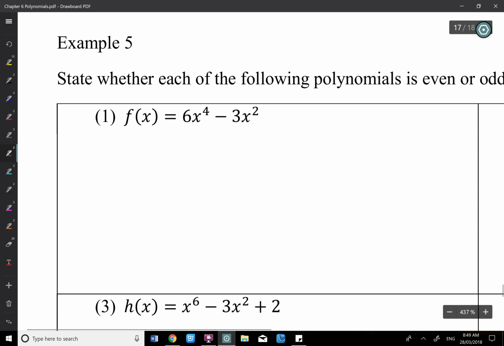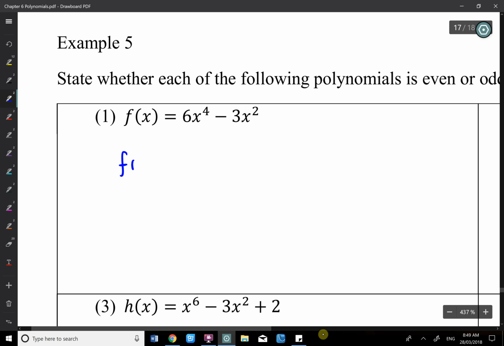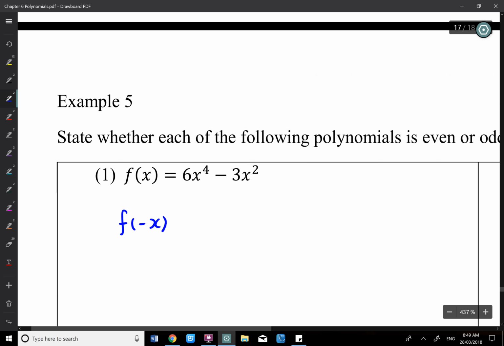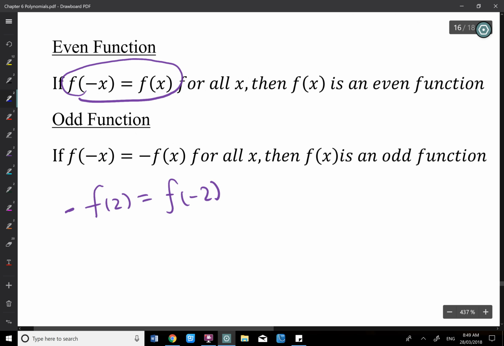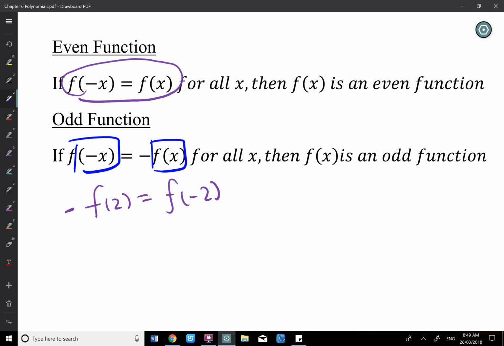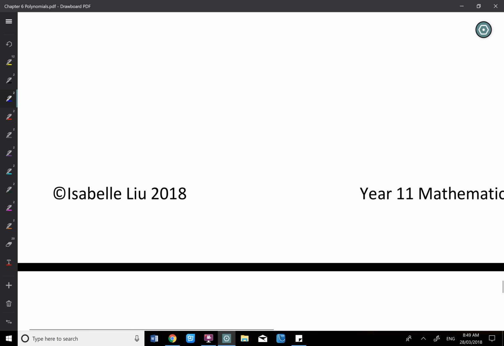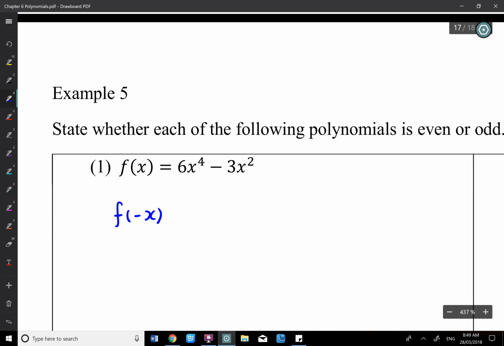So what we want to see is f(-x). Both formulas relate to f(x) and f(-x), so we want to see the relationship between f(-x) and f(x). Are they the same, or are they opposite, the negative of each other? Then we can decide whether it's odd or even.